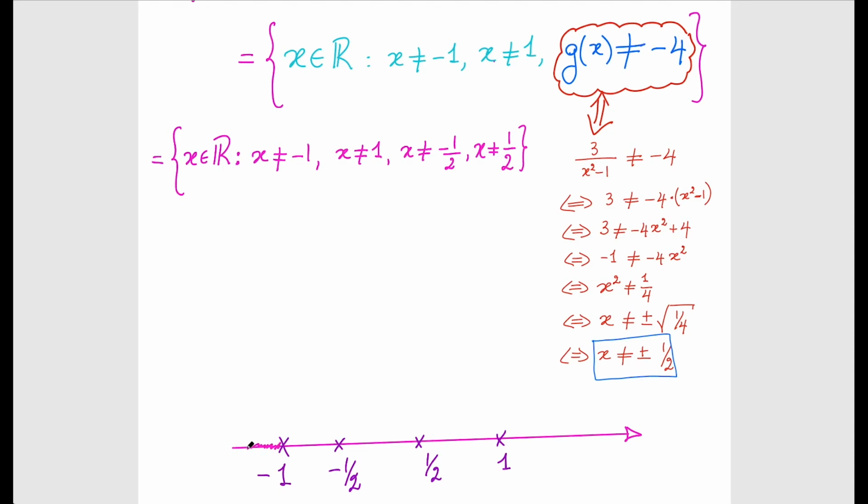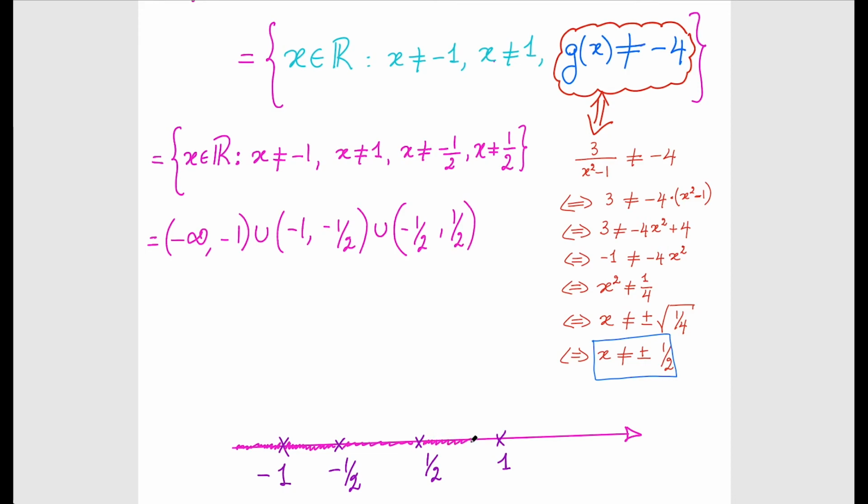What are those guys? Those are minus infinity all the way to negative 1, excluding negative 1, union everyone between minus 1 and negative 1/2, excluding the endpoints, obviously. Right? All those guys now, which means negative half to 1/2.